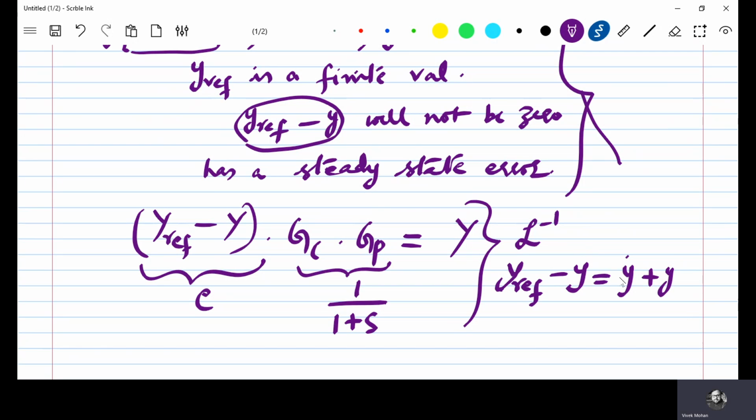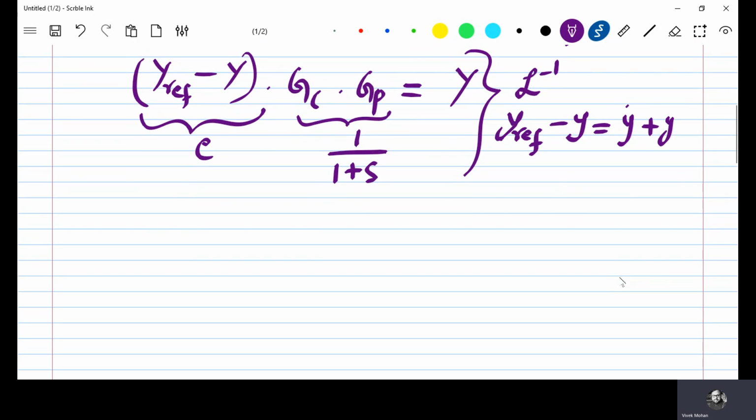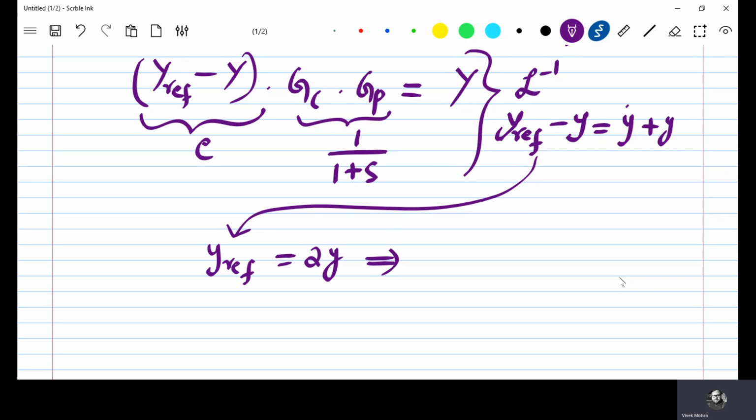Okay. Now, what is yref from here? Yref is equal to 2 into y, right? Which implies YSS, the steady state output, equals yref divided by 2, right?